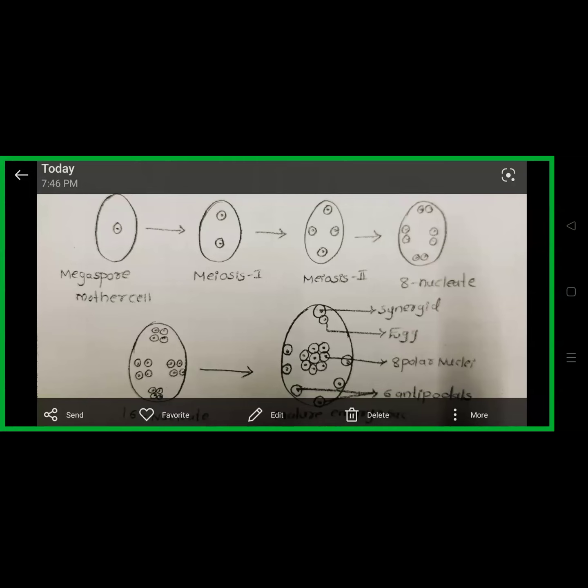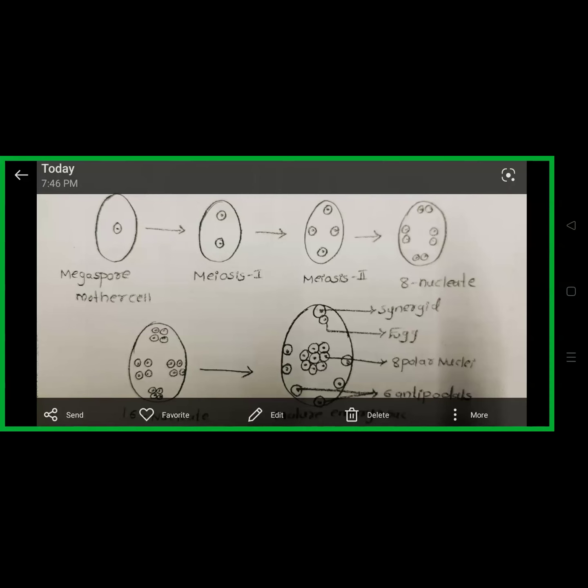The 16-nucleate types are 3 types: Peperomia, Penaea, Drusa. Remember this, please note down these three. These three belong to tetrasporic embryo sacs, with 16 nuclei. The 8-nucleate types are also there, but first I will discuss the 16-nucleate embryo sac types.